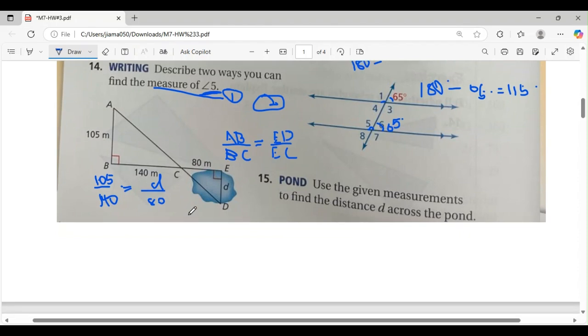Okay. Let's find the value of D. Let's calculate it.